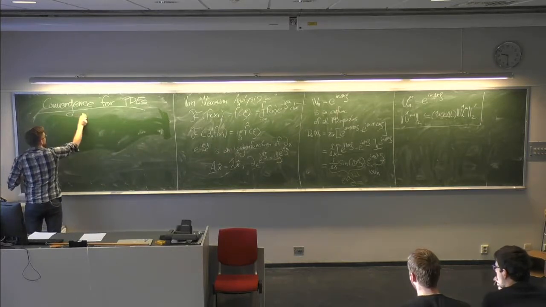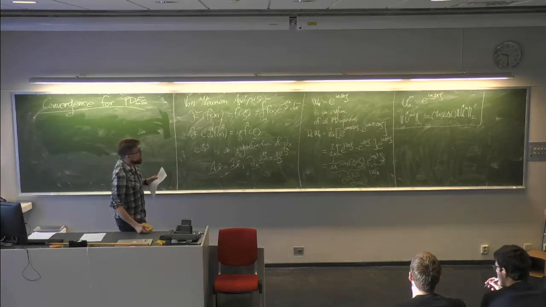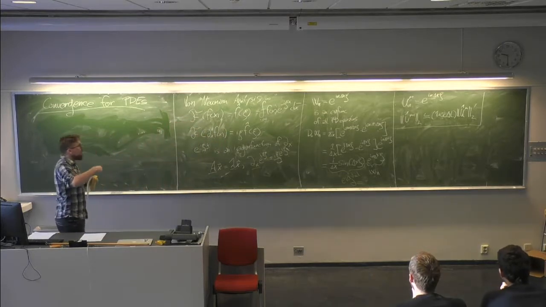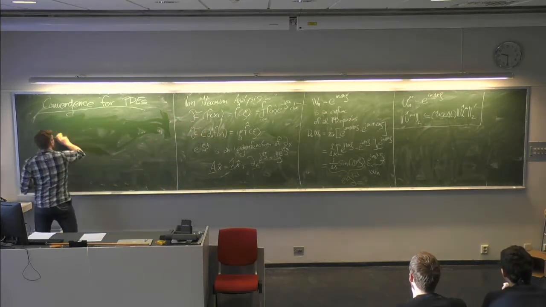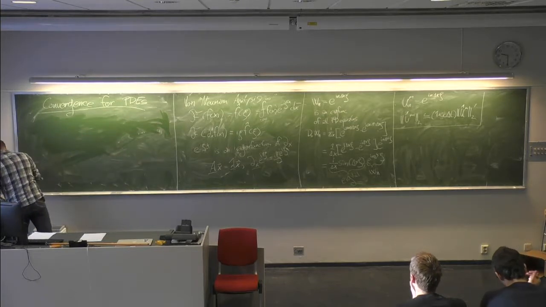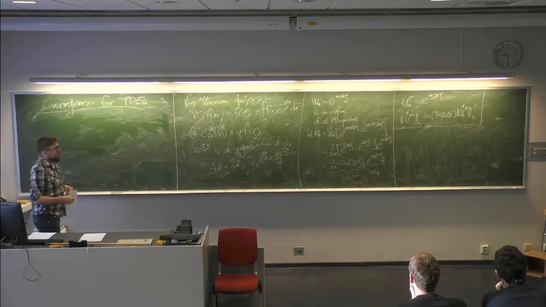Yes? Yeah, that's the Fourier transform. What I tried to illustrate here, but yes, that's the Fourier transform of the function. If we can show this, then yeah, it's consistent.